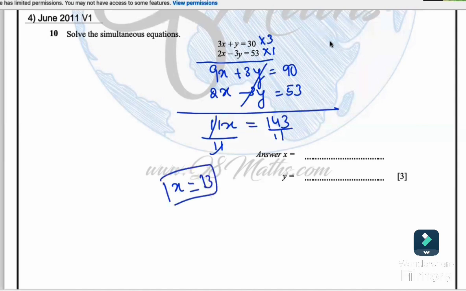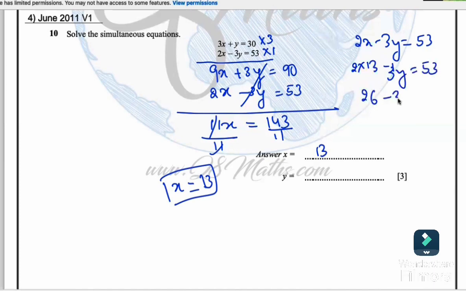Now take any one equation and solve for the value of y, which is 2x minus 3y equal to 53. So 2 into 13 minus 3y is equal to 53. 2 13s are 26, right?